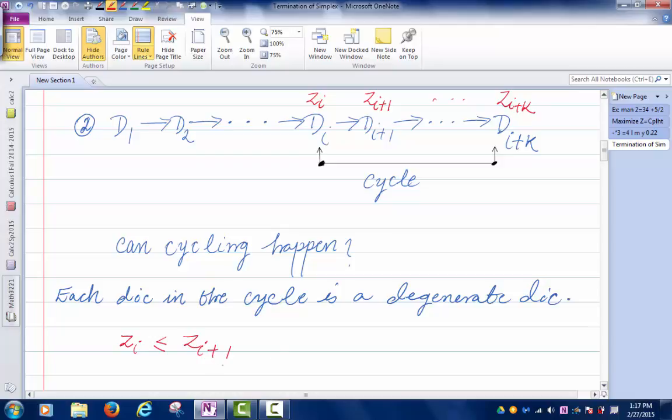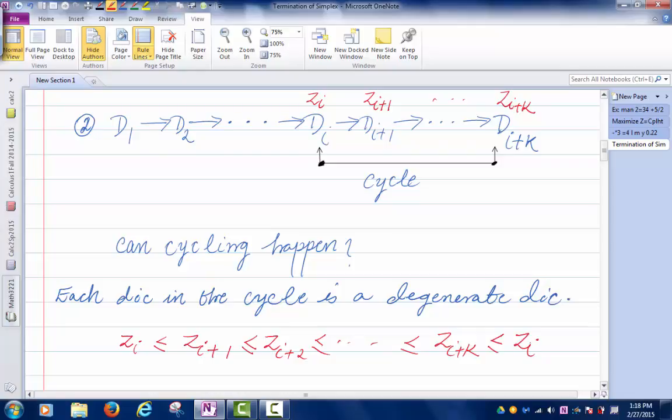And Zi plus 1 is less than or equal to Zi plus 2, and so on up to Zi plus k, because the objective value is non-decreasing under pivoting operations. But what's the next dictionary after Di plus k? Di. So that means this is less than or equal to Zi again.